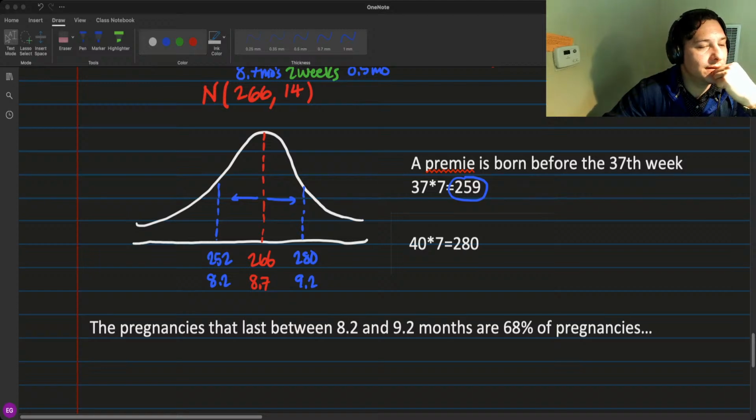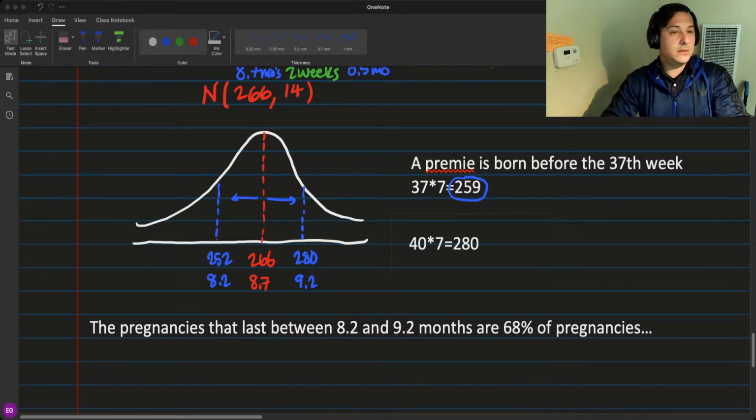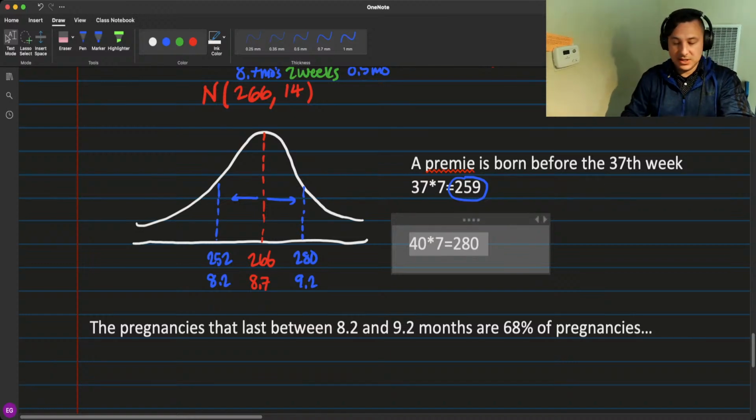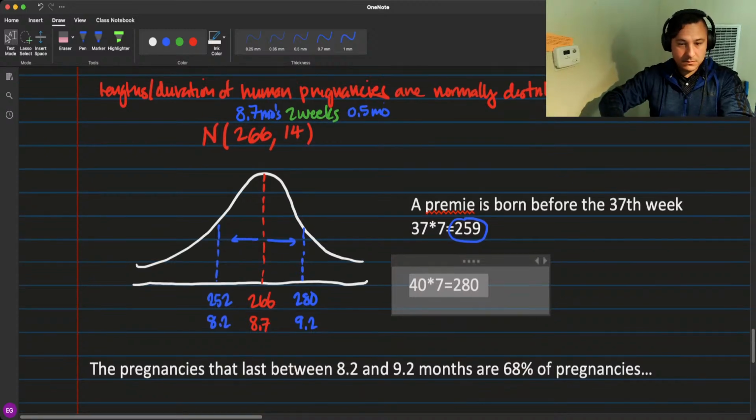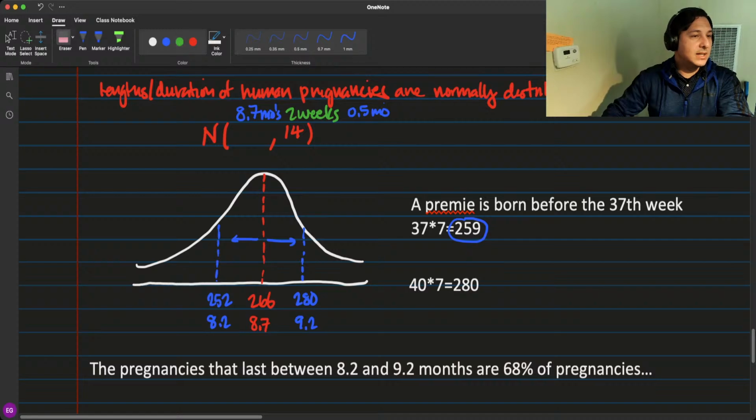Results: among 1,000 women, the mean gestational age was 272 days. Oh, okay, there we go. So we're going to change our numbers. Apparently, newer research says the average is not 266, but 272. And the standard deviation is 9 days.